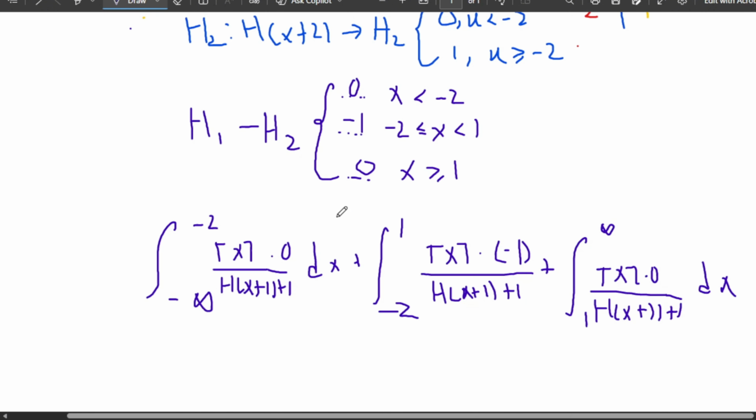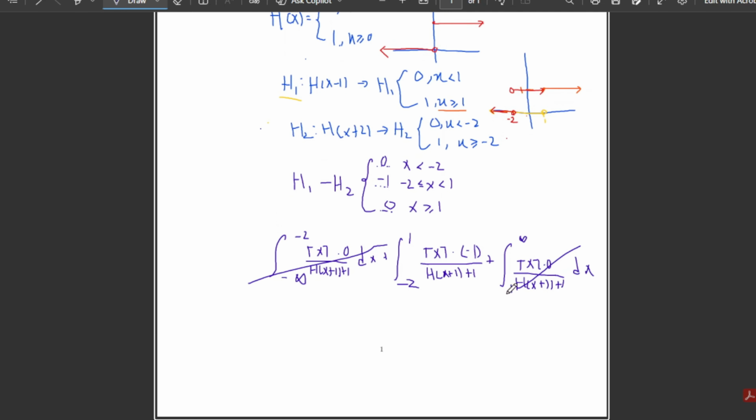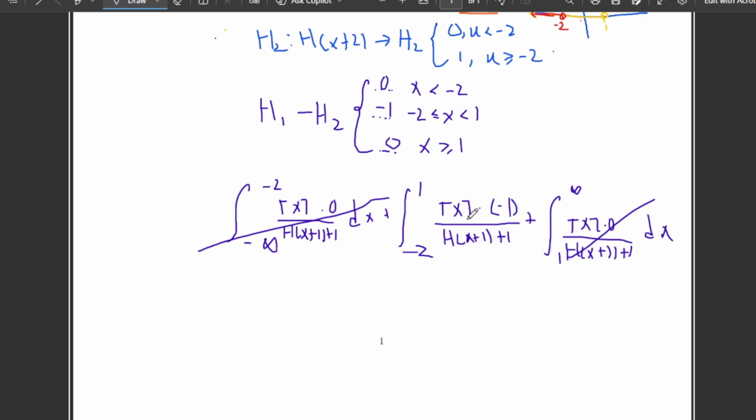As you can see, this will be 0 and this will be 0. Now we just need to evaluate this.